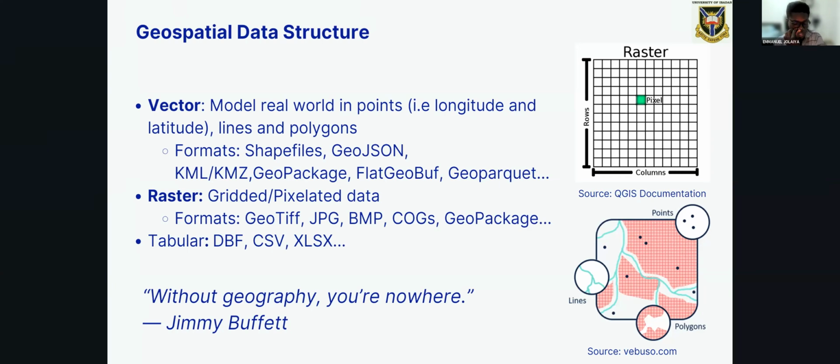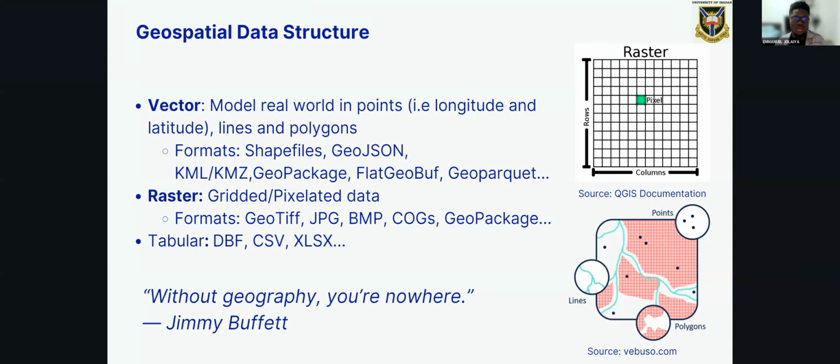All these formats are just different ways we store data, just like we store rows and columns in CSV, comma-separated values. We also store rows and columns in Excel. We also store rows and columns in databases like SQLite. You can also store rows and columns in data frames for those that use pandas.